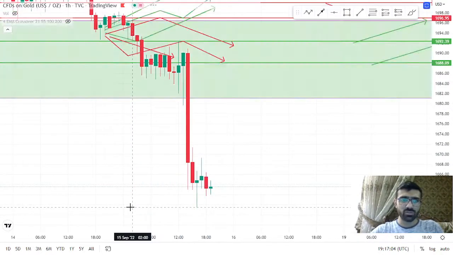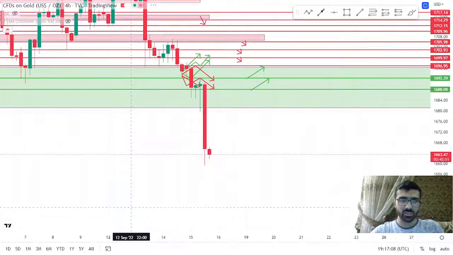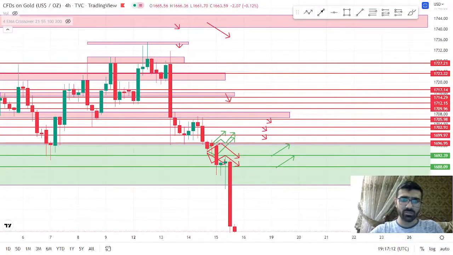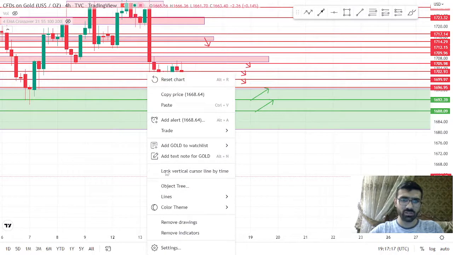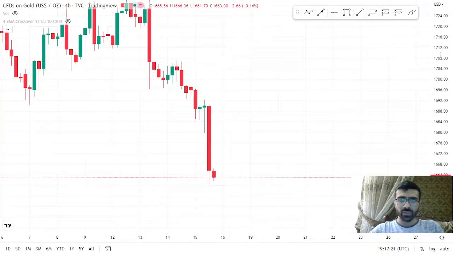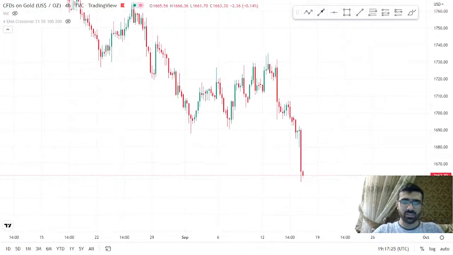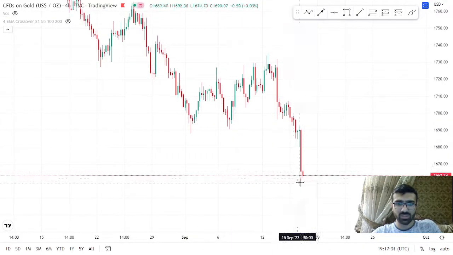So now let us go back to the 1 hour chart and also the 4 hour chart. Okay, so let me just give you the fresh levels in gold as well, so we do not get confused tomorrow. As you guys can clearly see, new levels are being tested, and the market has broken below the previous level and this level, and now it has made a new low.